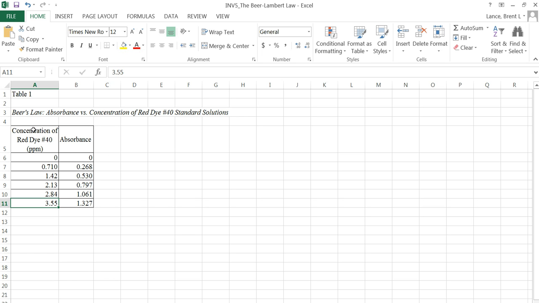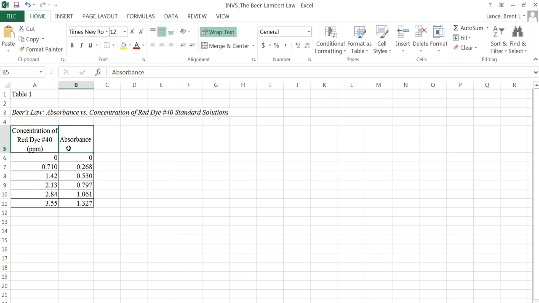So once you have properly labeled your concentration, which was your independent variable, the part that was controlled by you, and the concentration unit, since there are so many units that you can measure concentration in, you have to identify that unit. And so I put all of these measurements here. These concentrations are in the unit parts per million.